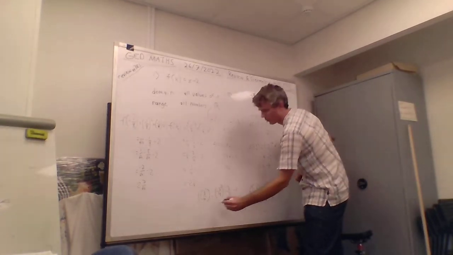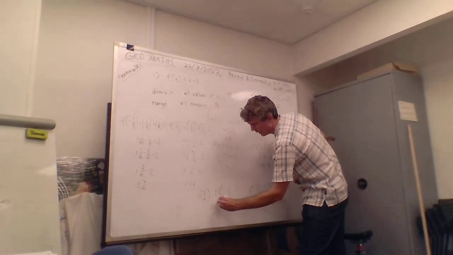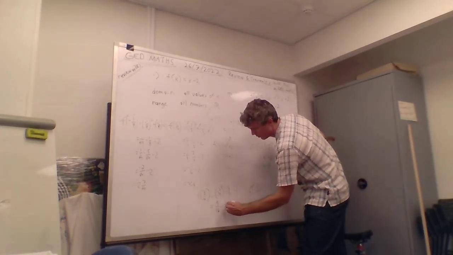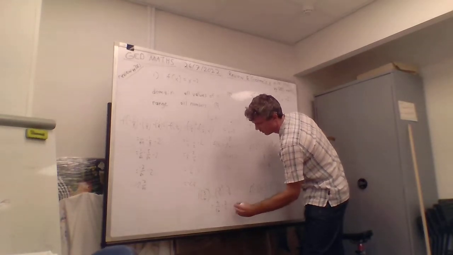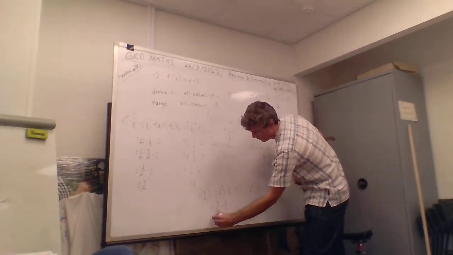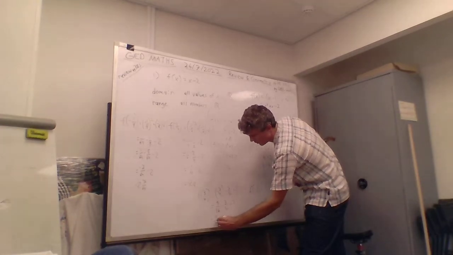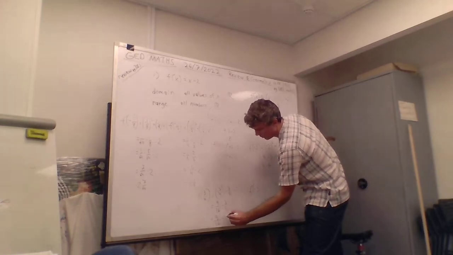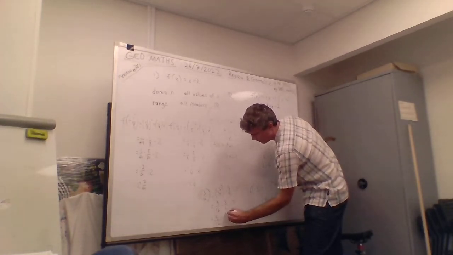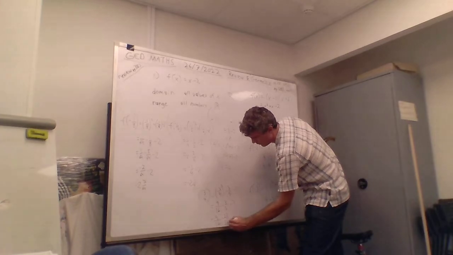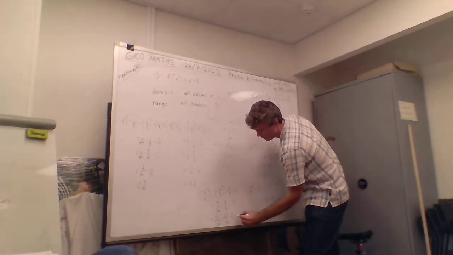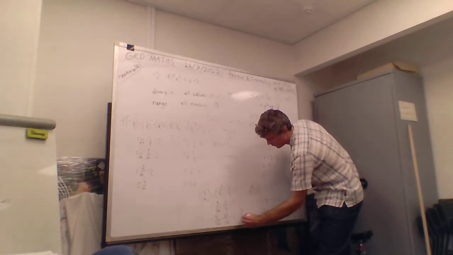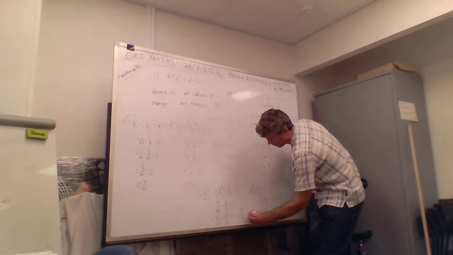Well, 3 over 4 squared is going to be 9 over 16, minus 3 over 4 minus 2. So this is going to become also 16, so that is 9 over 16 minus 12 over 16 minus 2, since 3 times 4 is 12, which equals 9 minus 12 is negative 3, negative 3 over 16 minus 2.